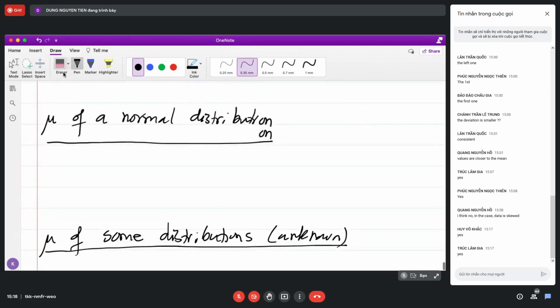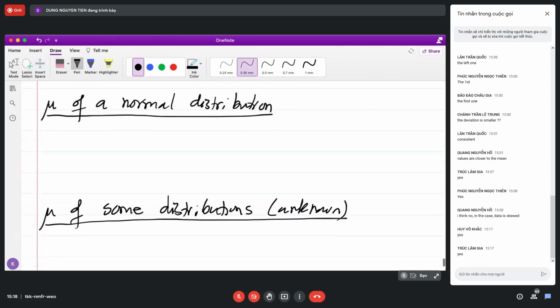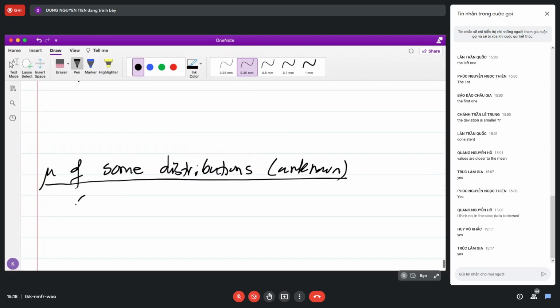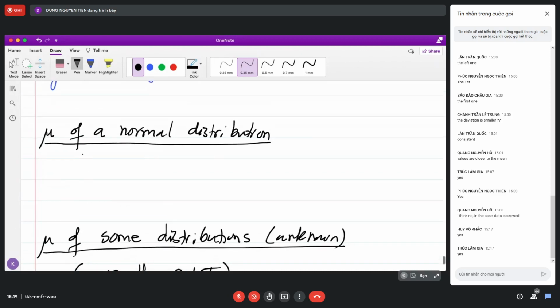If you don't know it, then you have to use the central limit theorem. We need to use the central limit theorem to approximate the average value, and then you can come up with the distribution of the average value, and then you can get the error. That is the main idea, and we talk about that later.